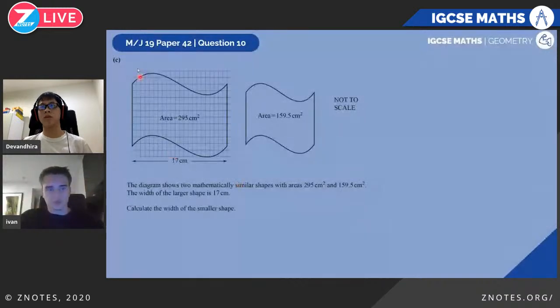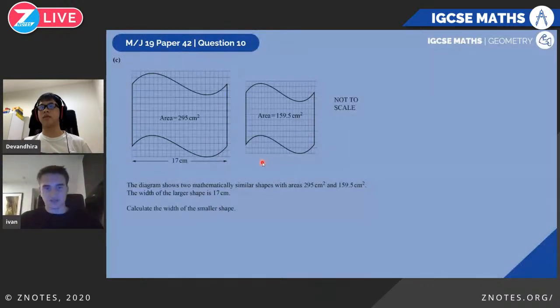We can put this shape on a grid, and if we're making it smaller by some factor, which is what similarity does, but preserving the overall shape, then the grid gets smaller. If you divide every side of a rectangle by, say, 3, then you're dividing the area by 3 times 3, which is 9.